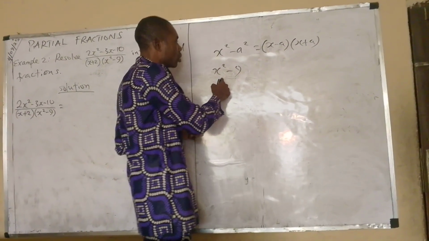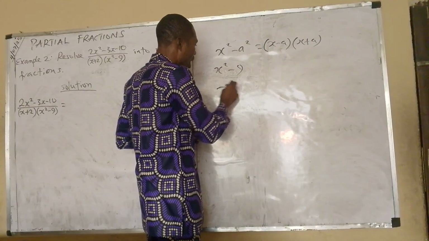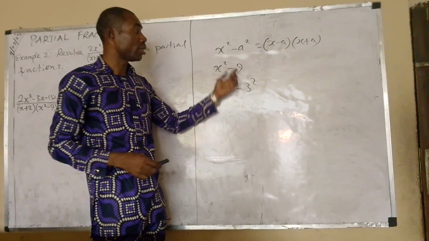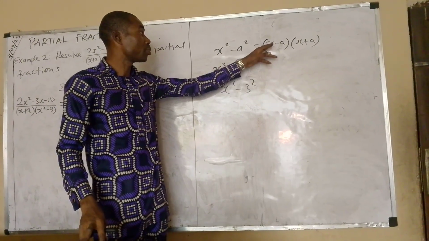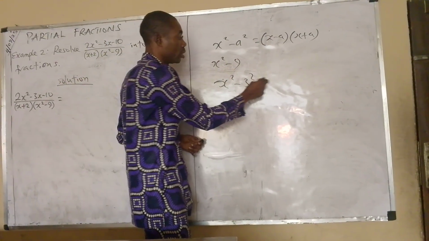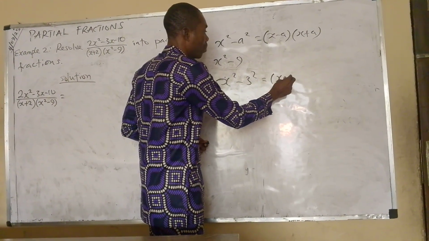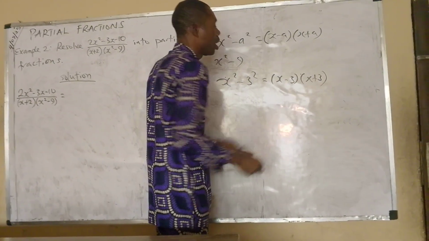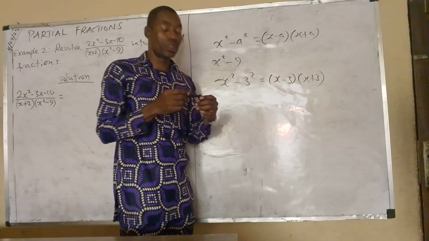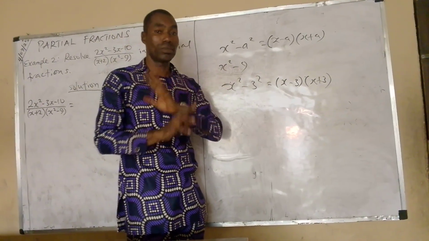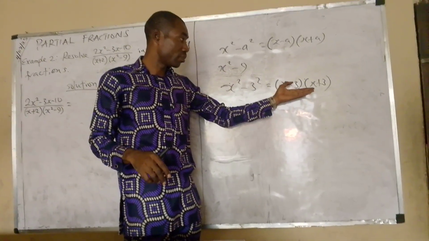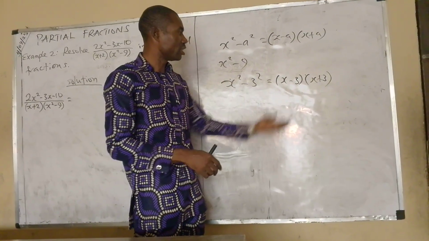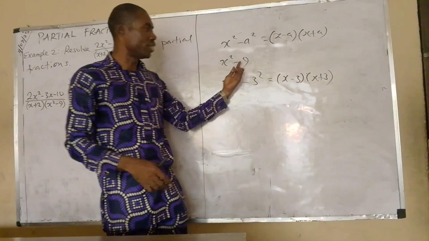So x squared minus 9 will give me x squared minus 3 squared, because 3 squared is 9. Now apply this principle here. This will give me (x minus 3) into (x plus 3). Any of them can come first. It doesn't matter. If I expand this, I will get this. Are we together? So now, this is the factorization of this.